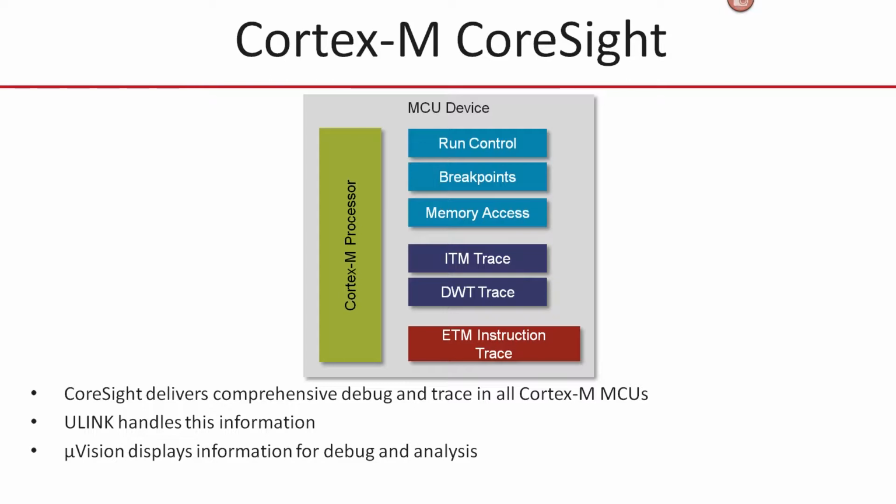So within the Cortex processor, there's run control and memory access support. So this gives you much of the features you'd get if you're used to JTAG. However, in addition, depending on the processor you're using, there are a number of separate trace units.